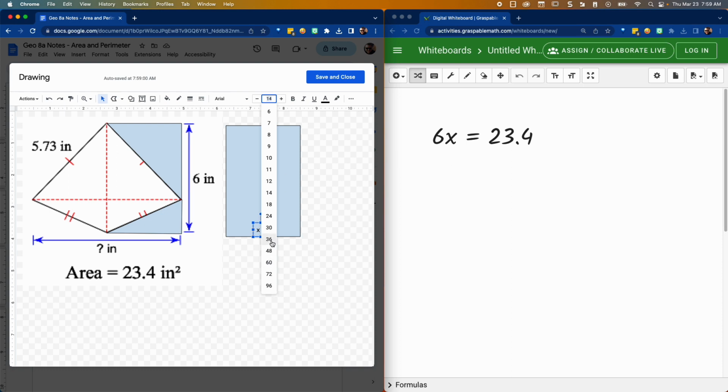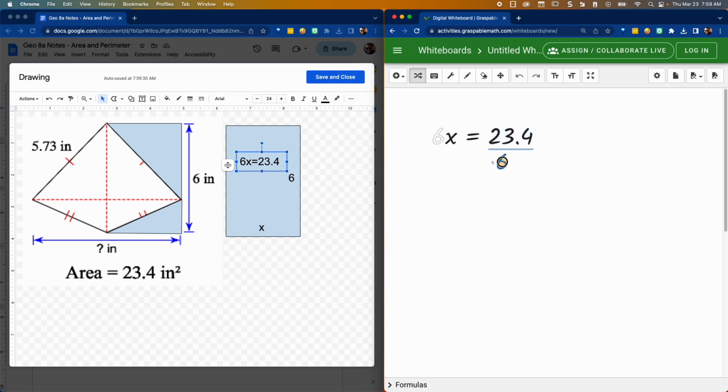Let's make that a little bit bigger. Copy and paste the text box, and I'll say this side is 6. And the total for the whole shape, 6x equals 23.4. That's kind of the pieces that are being put together here.